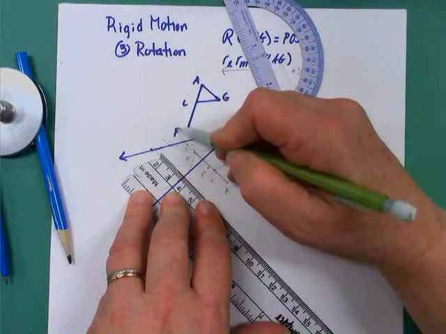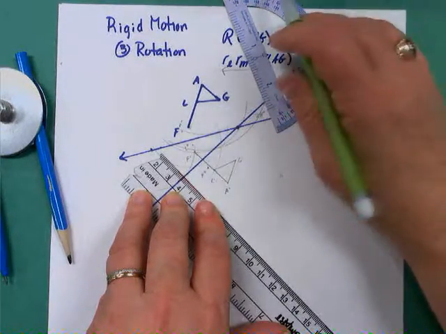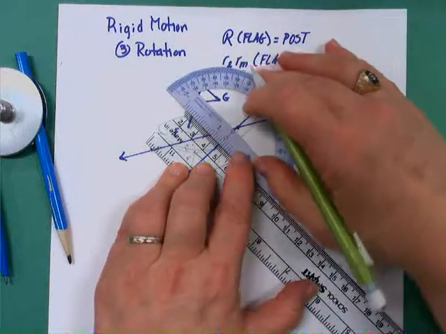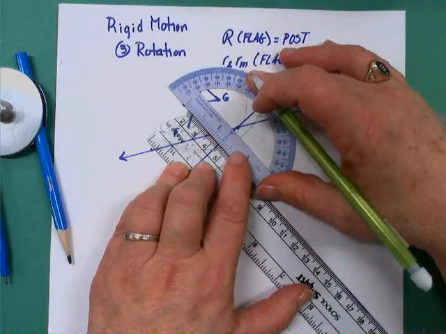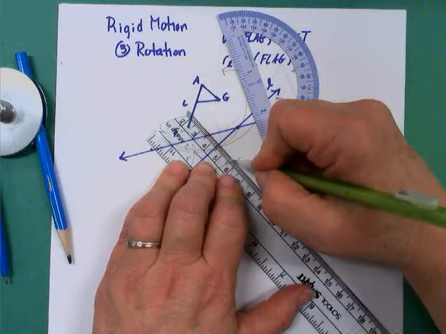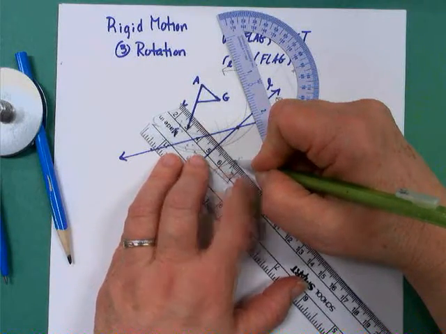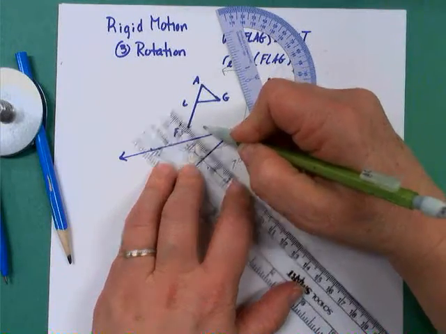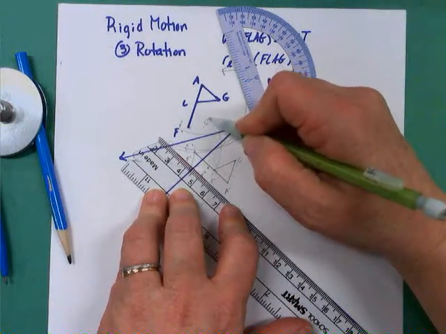That's A double prime. G prime, again, make sure I get it perpendicular. Line up at 5. This is 1.4. There's my G double prime.